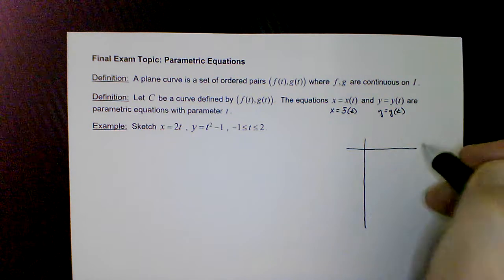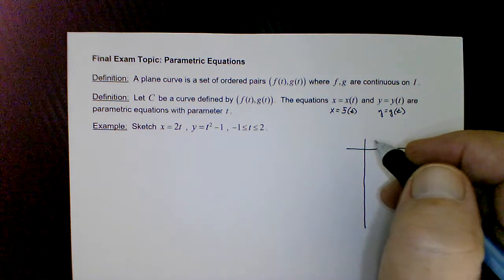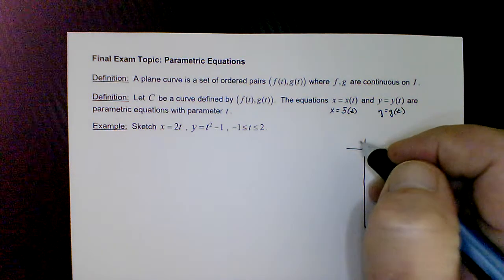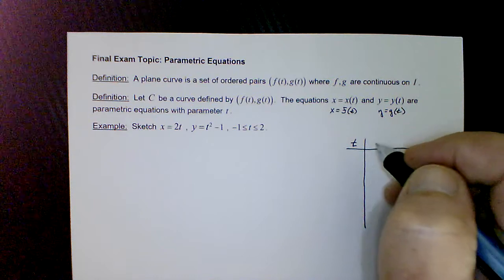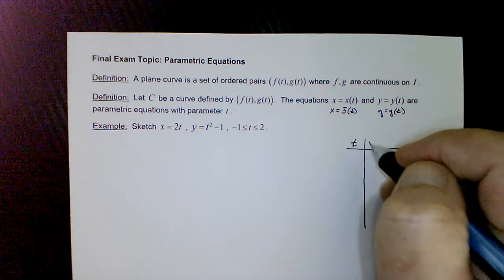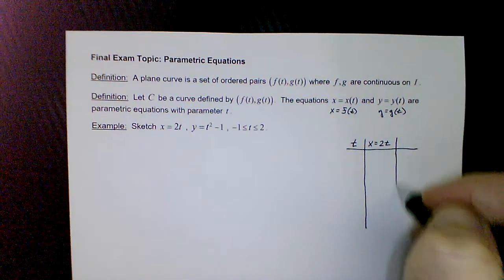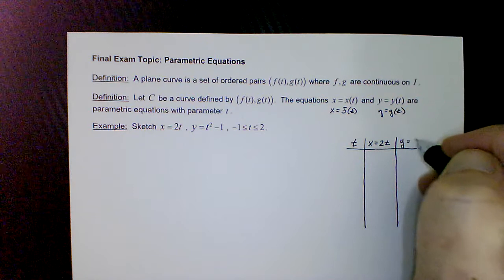But now, because we have this parameter t, the table of values of x and y are going to be determined by these values of t. So we'll set up a 3-column table here. T, x is 2t in this example, and y is t squared minus 1.